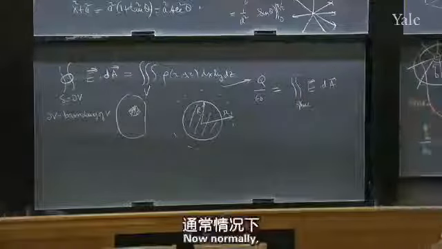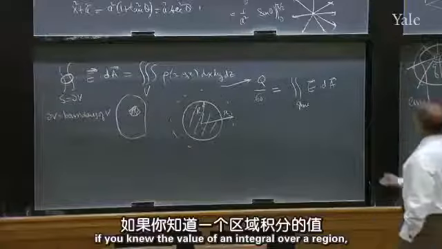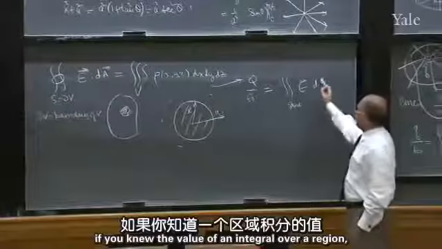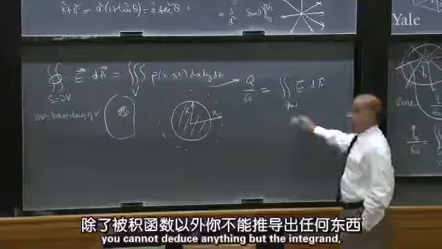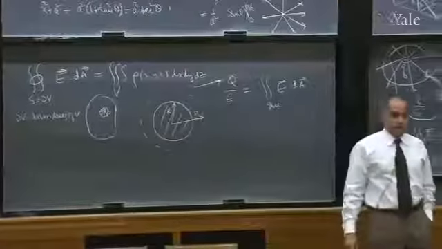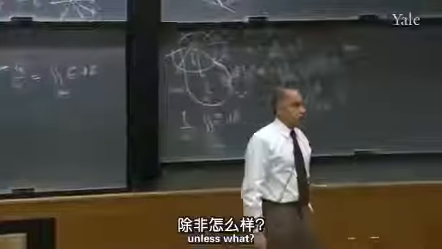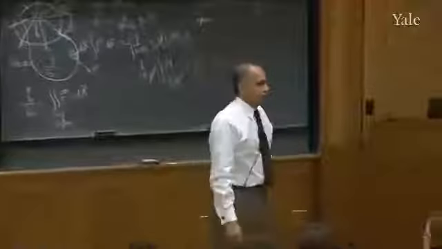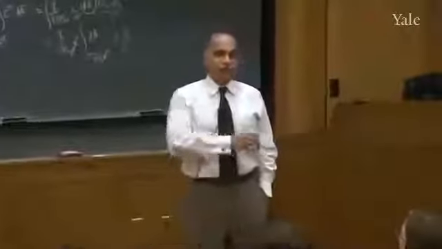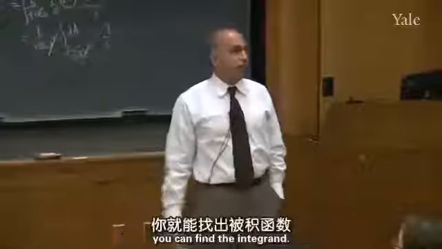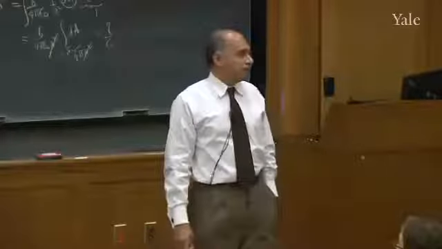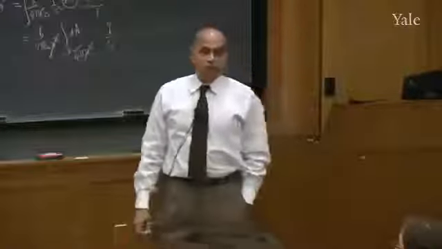Now, normally, if you knew the value of an integral over a region, you cannot deduce anything about the integrand. Unless, what? There's one exception where, if you know the integral of a function, you can find the integrand. You know when that might be?